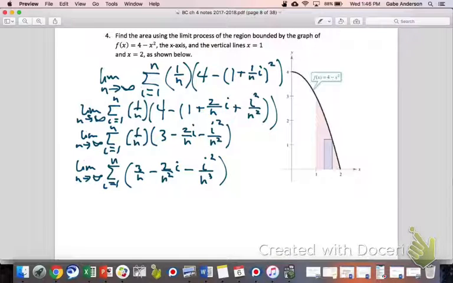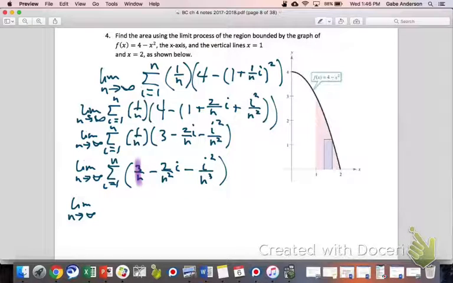Does that make sense? Okay, so I'm going to write limit as n goes to infinity. And now we're going to do the sigma. Let's just focus on the first one: sigma from i equals 1 to n of 3 over n.